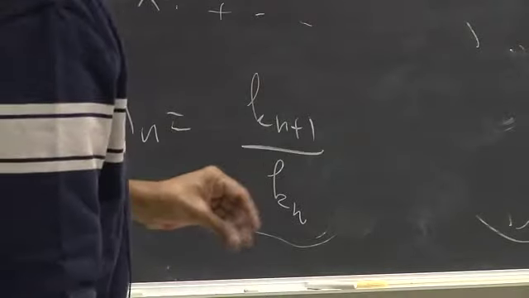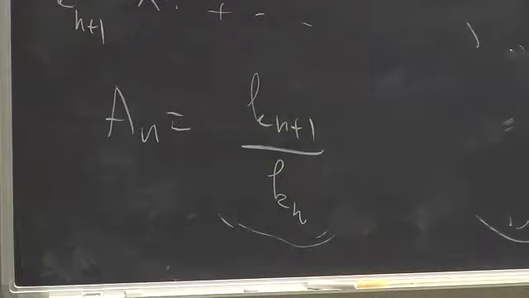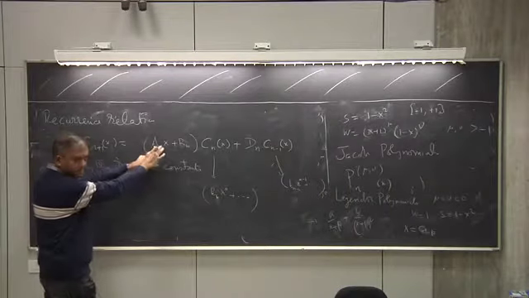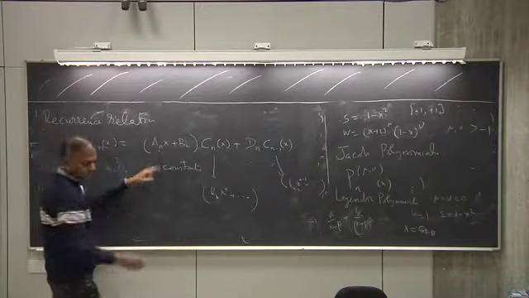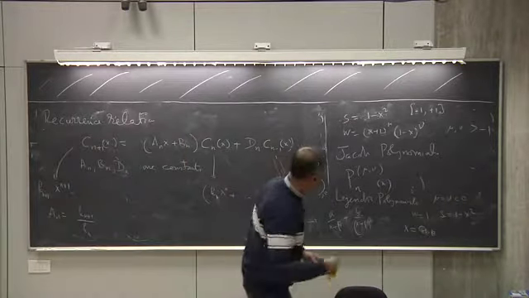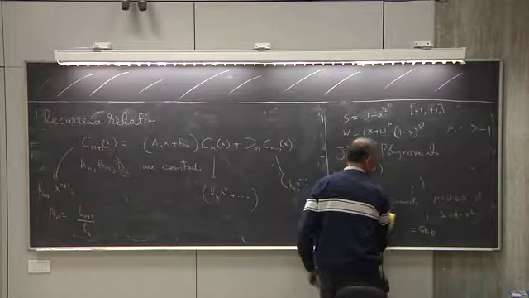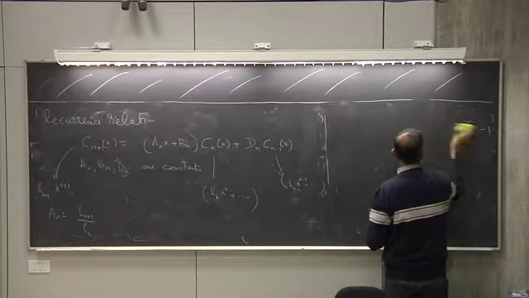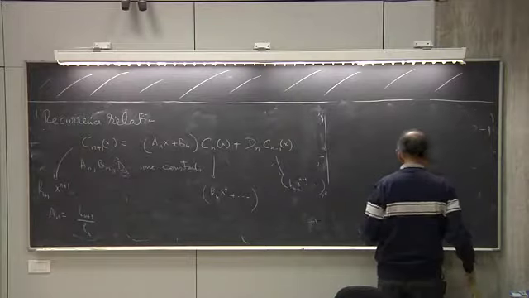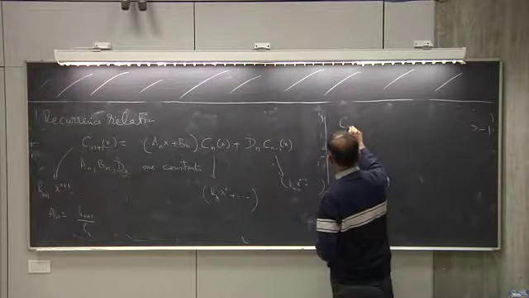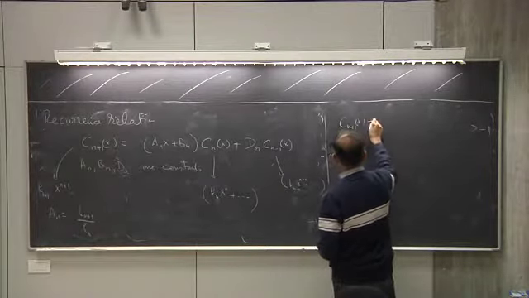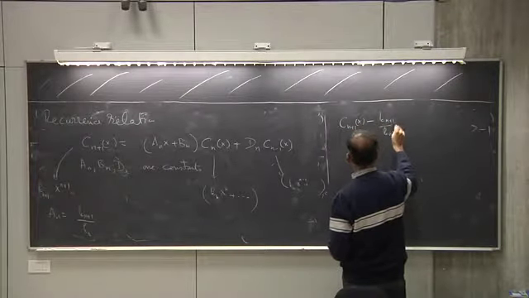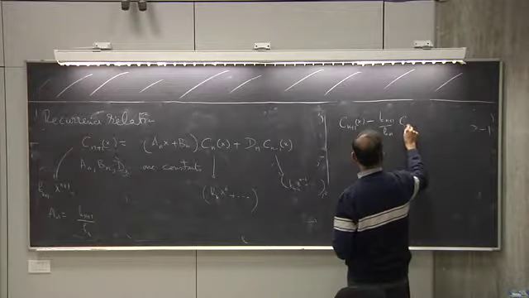So let's consider this combination then. Let me take the first term on the other side. So let me consider Cn plus 1 of x minus kn plus 1 divided by kn times x times Cn of x.